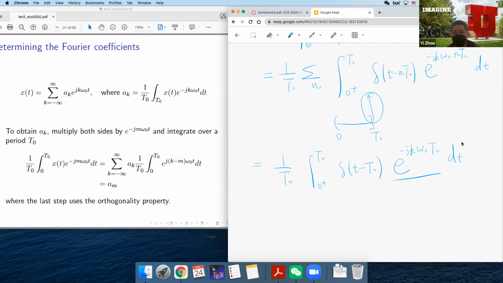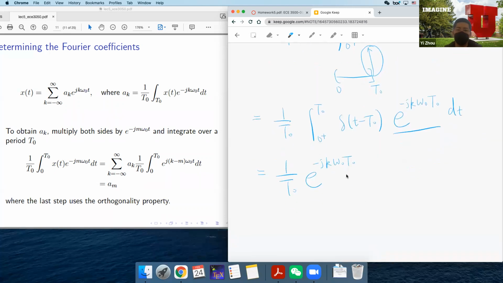And this is a constant, doesn't depend on t. So this integration over delta is 1. So the result is 1 over T naught e^(-jk omega naught T naught).